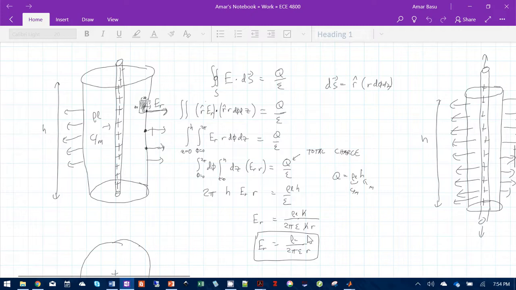That's why we select a Gaussian surface where the magnitude of the field is the same everywhere on the surface. So when you have a point charge, what's your Gaussian surface going to be? It'll be a sphere, right? And in the case of an infinite line charge, it's a cylinder. Infinite sheet of charge?